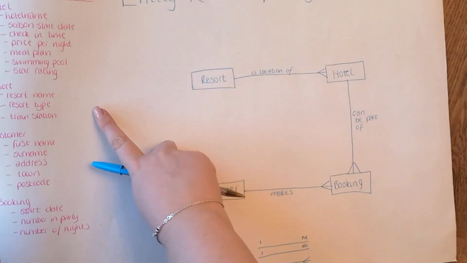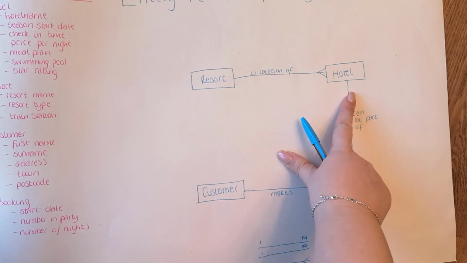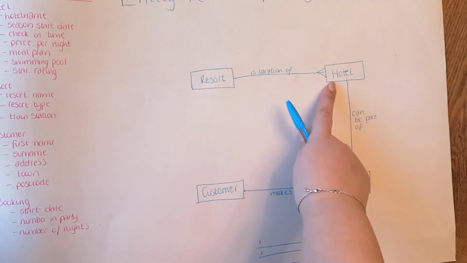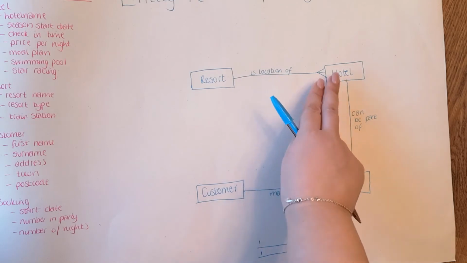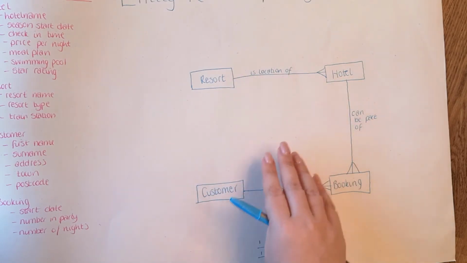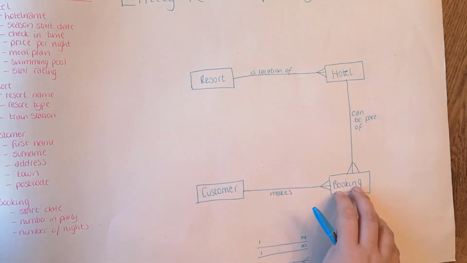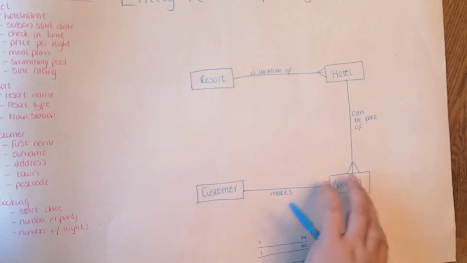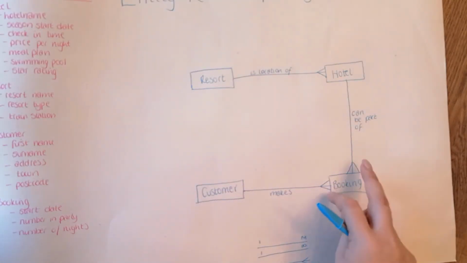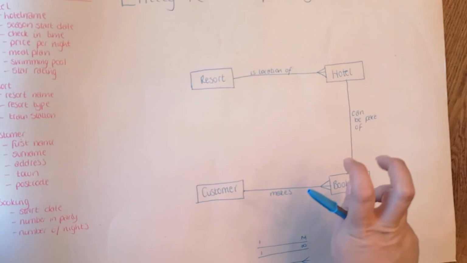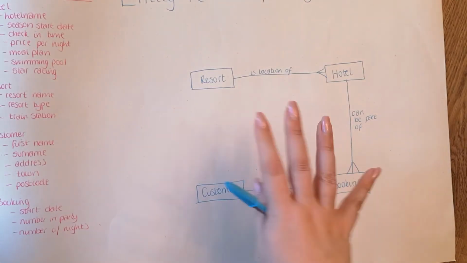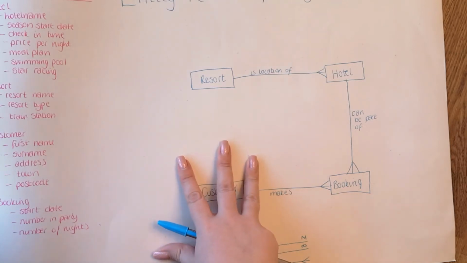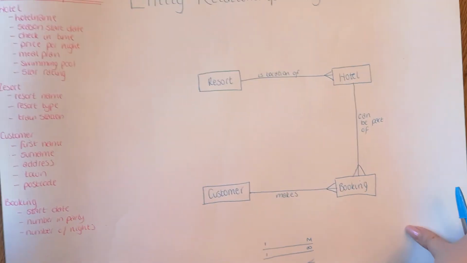So we said earlier on that hotel would have the foreign key of resort in it, and it absolutely does. This is how we can see the foreign key being represented visually to understand how that links together. And again, booking would need to have a foreign key from the hotel and a foreign key from customer, so it has both the many ends of the one-to-many relationships. And I always find that if you're given a table rather than a set of functional requirements, it makes it a lot easier to work that out.